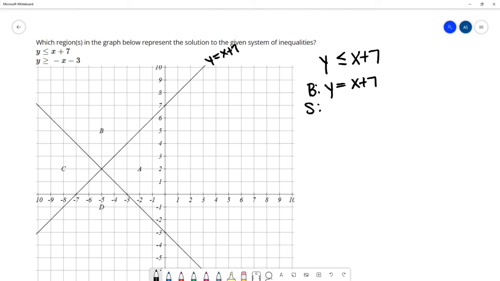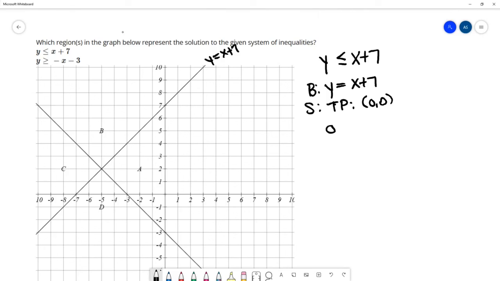So we need to figure out the shading. Which regions represent the solution? That's the shading of these different regions. So to figure out the shading, I'm going to choose a test point. There's only one rule with the test point, that it cannot be on the line. Most people like to choose 0, 0 for the test point. You're going to substitute that into your inequality.